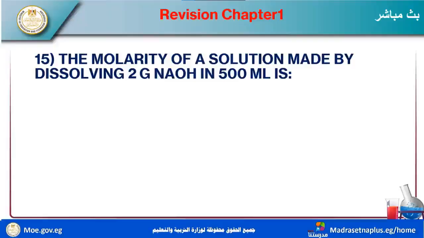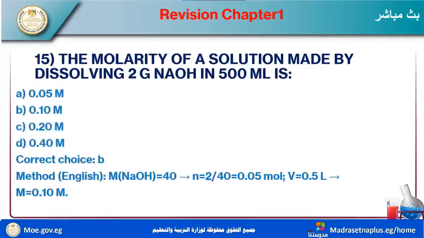The molarity equals this, and we want to calculate it. If you have 2 gram of NaOH, 1 mole of NaOH equals 23 plus 16 plus 1 equals 40. So the molar mass equals 40.